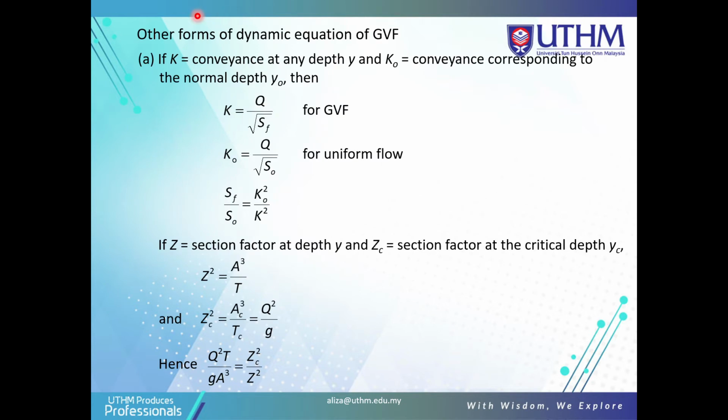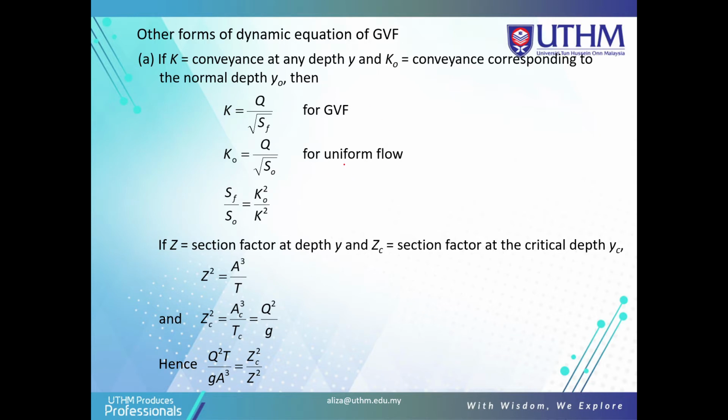Another form of the dynamic equation for GVF uses K, the conveyance at any depth, and K naught, the conveyance corresponding to the normal depth. So K is equal to Q over root SF for the GVF, and K naught is equal to Q over root S naught for uniform flow.